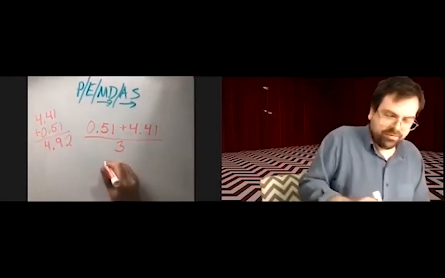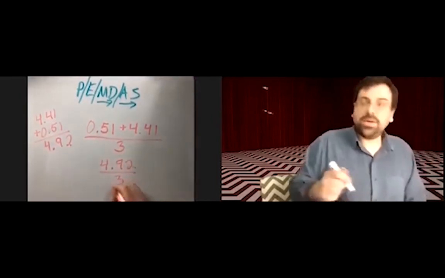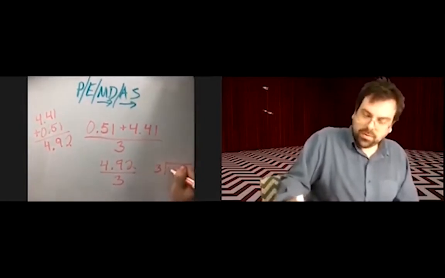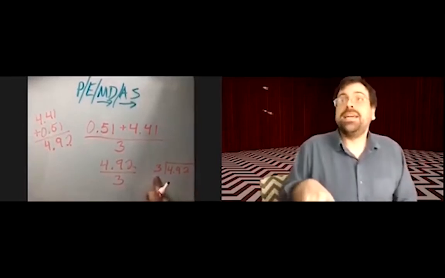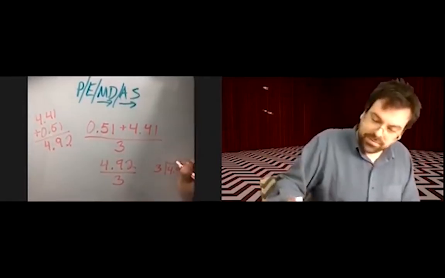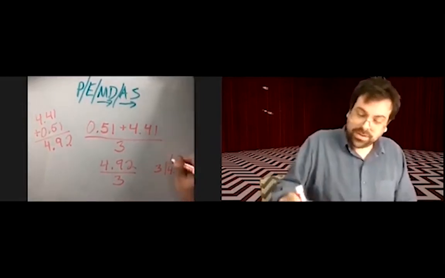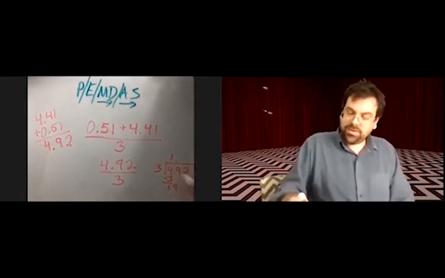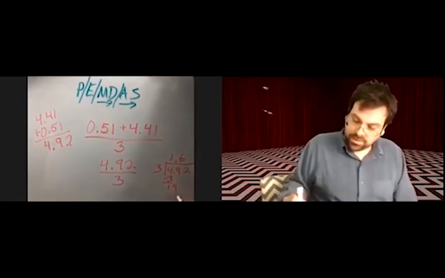We get 4.92, and that is over 3. That means division. We're all good right off the bat because the outside is not a decimal. So bring the decimal point up and divide. 3 goes into 4 once. 3 goes into 19 6 times.